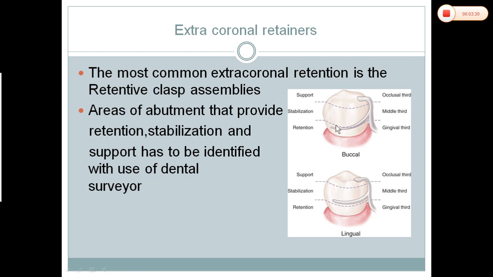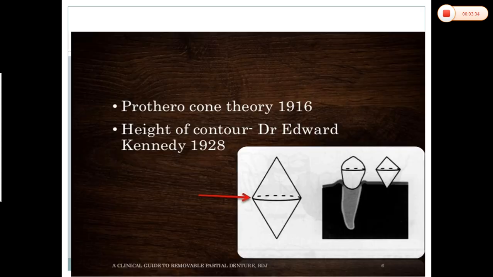To explain this properly, Prothero has described a theory, known as Prothero's cone theory, in 1916. What Prothero has suggested is that the clinical crowns of premolars and molars are represented as cones.